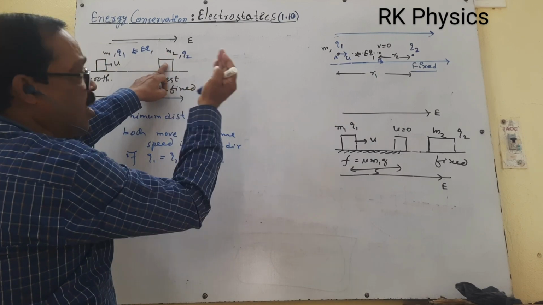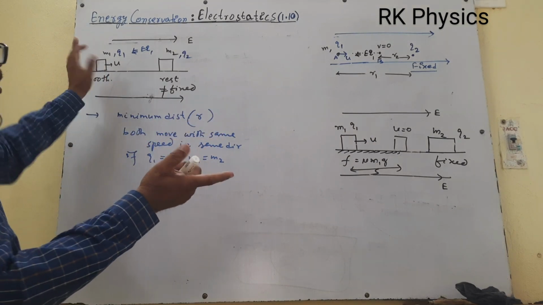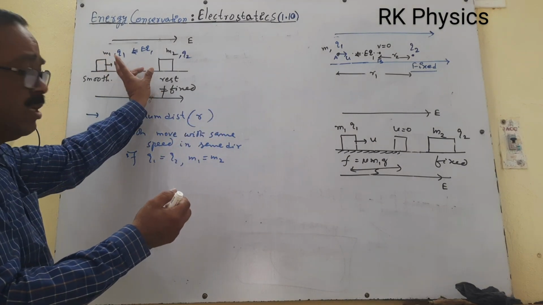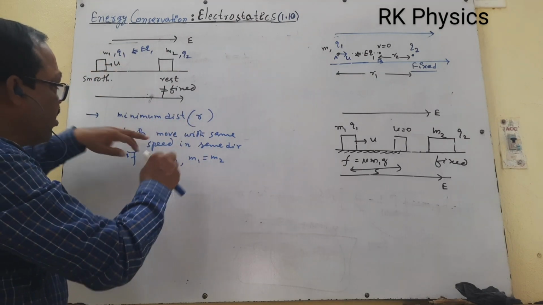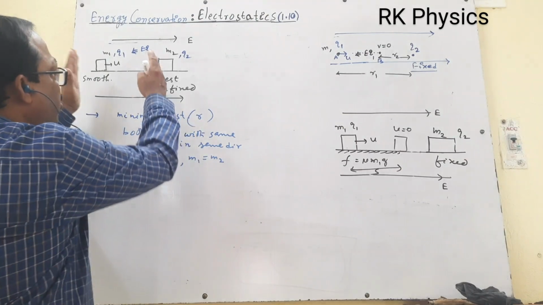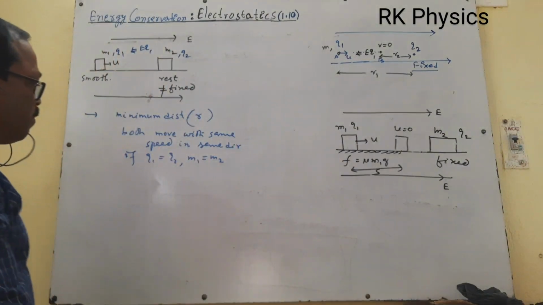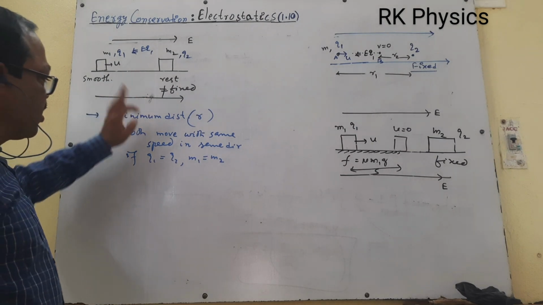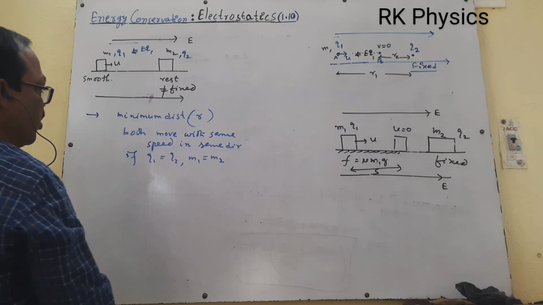Its velocity is initially u, and rapidly its distance goes on decreasing. When it comes to the minimum distance r, both bodies move along the same direction in the presence of the electric field, with Q1 equal to Q2 and M1 equal to M2.